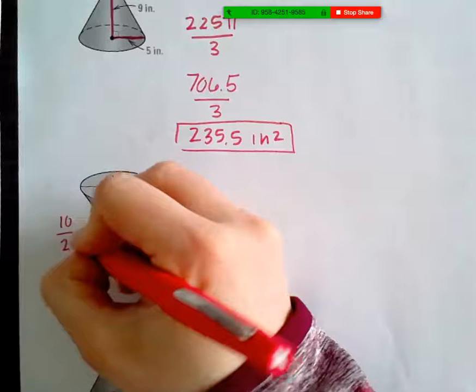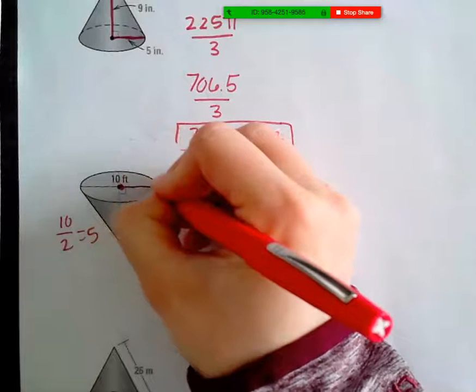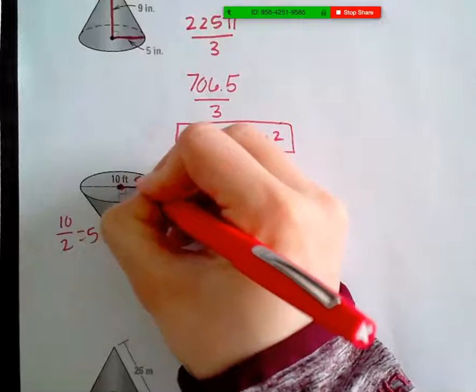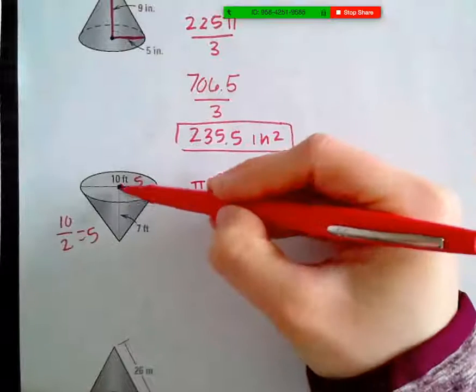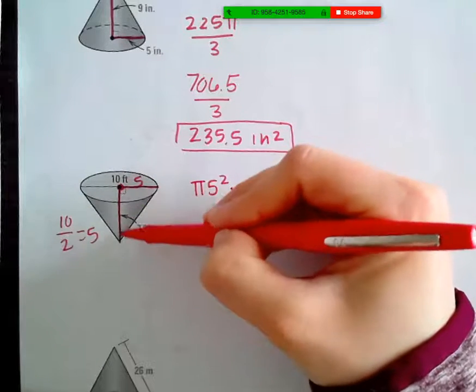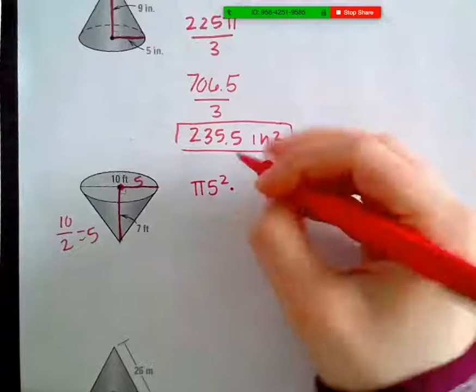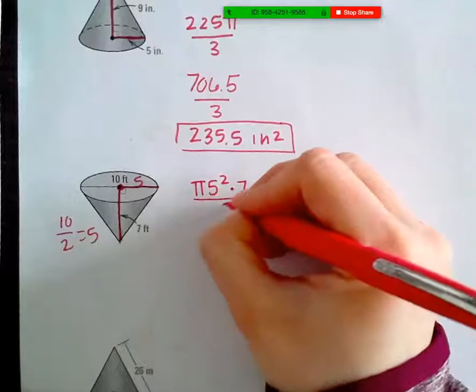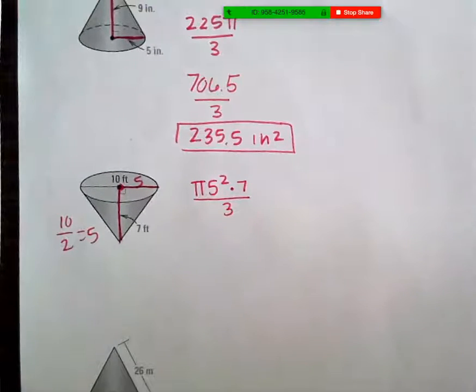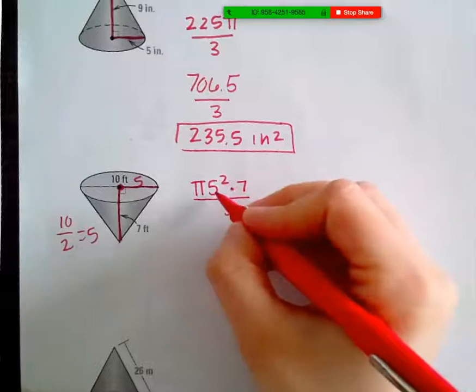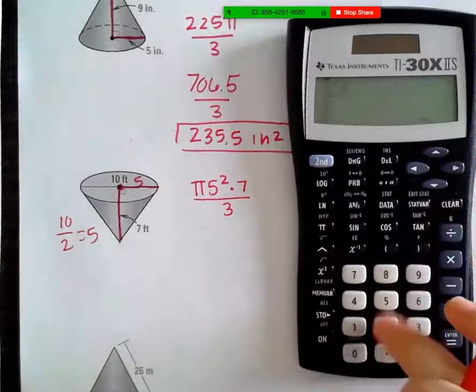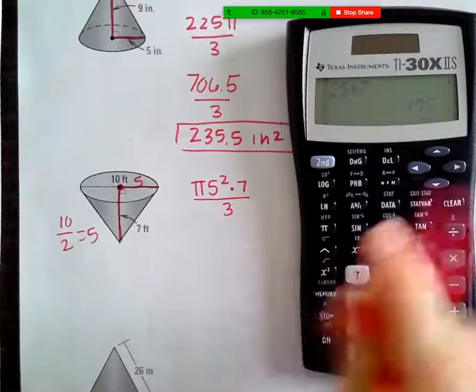Our radius is 5. Now, how tall is our cone? 7. All over 3. Okay, what did we say 5 squared was? 25. Now we have to take 25 times 7. 175. That's it.